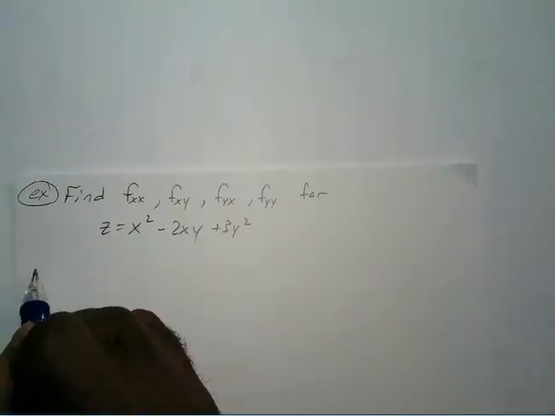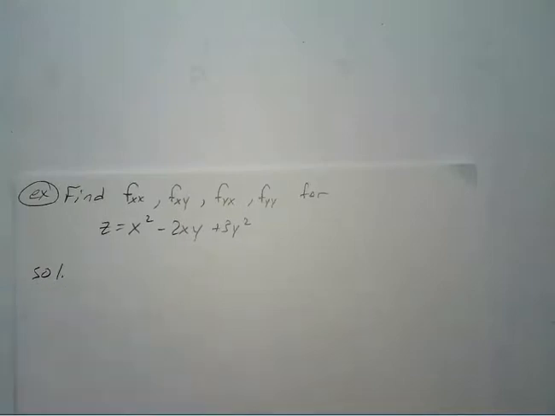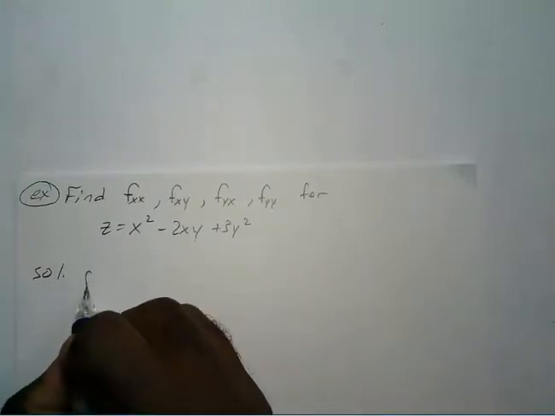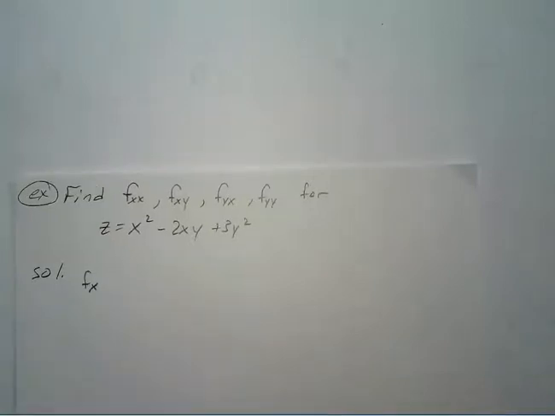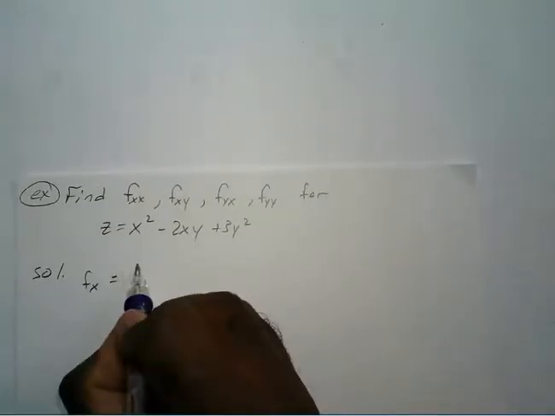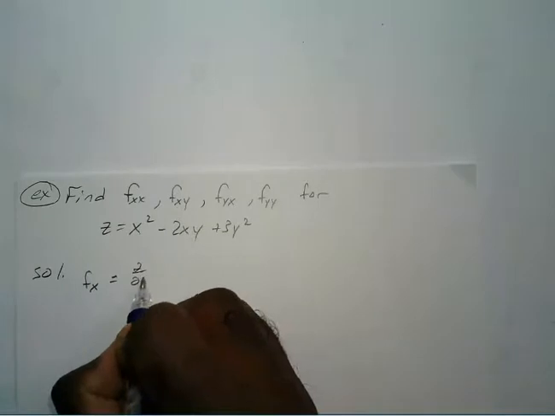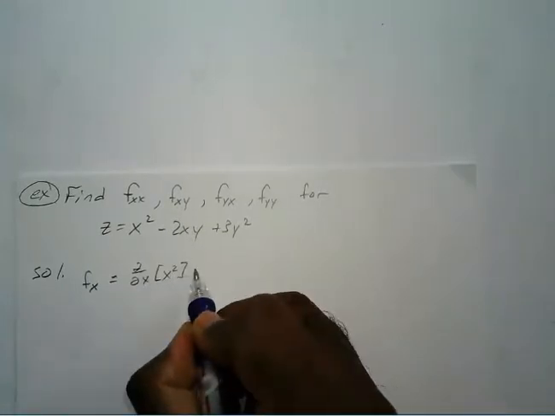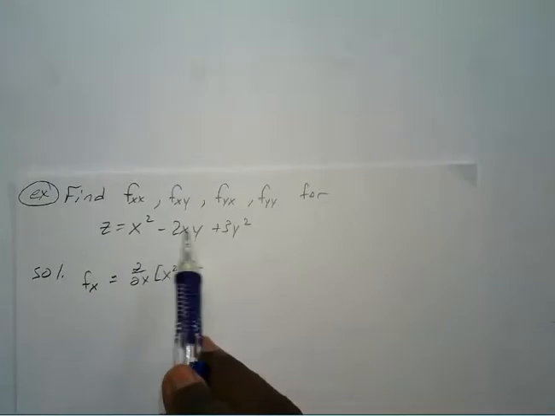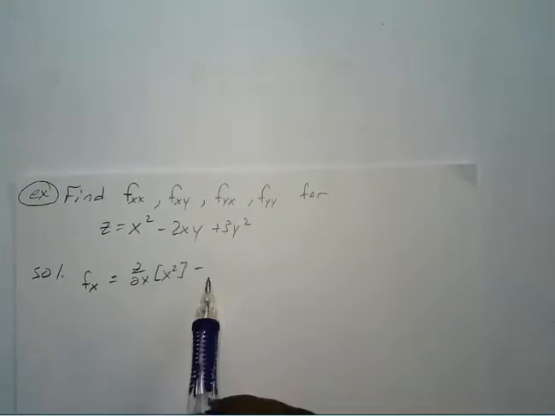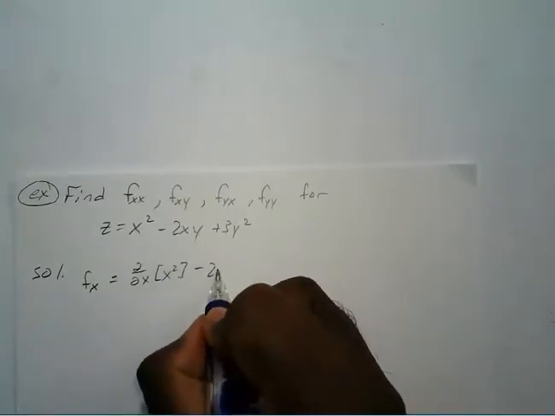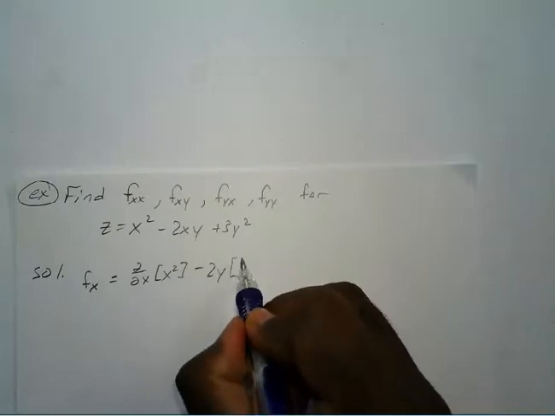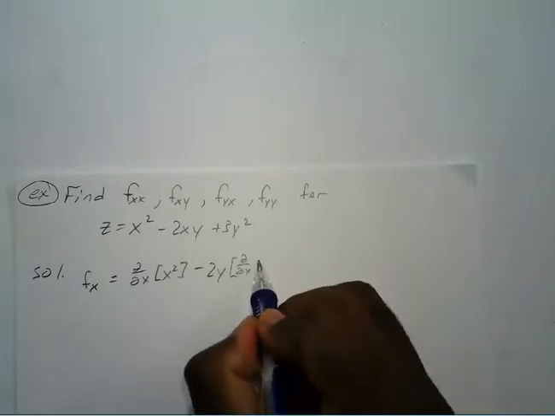Okay, so the first thing we're going to do is find the first derivative with respect to x. So the first derivative with respect to x, remember that's just the derivative with respect to x of each term. Okay, now with this one, the 2 and the y are both constants, so you can pull that right out to the front, which leaves the derivative with respect to x of x.